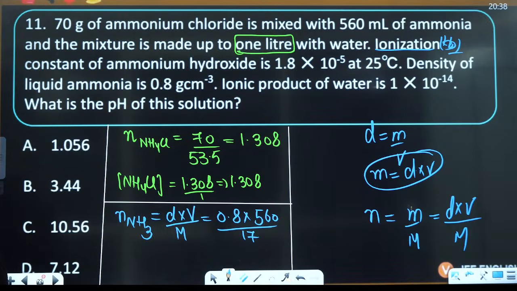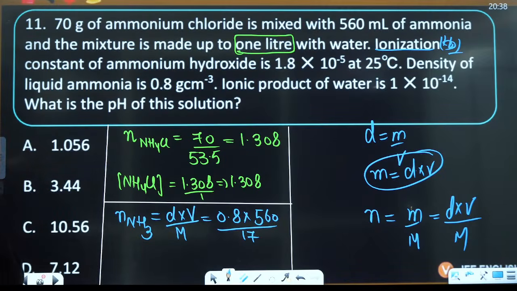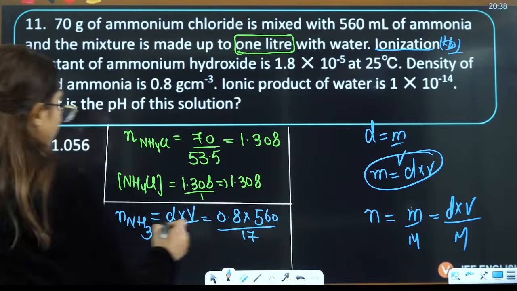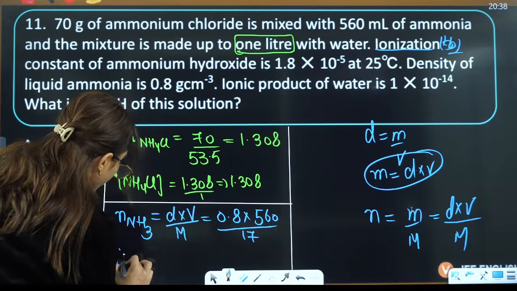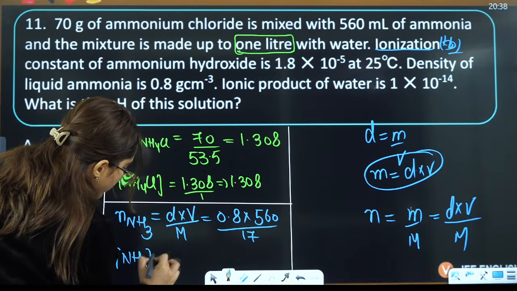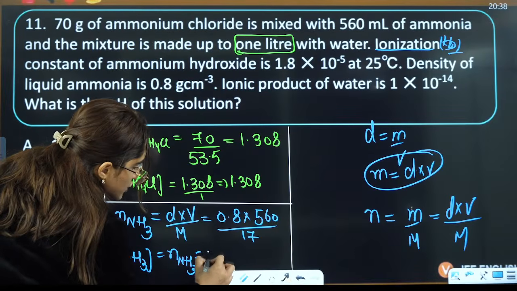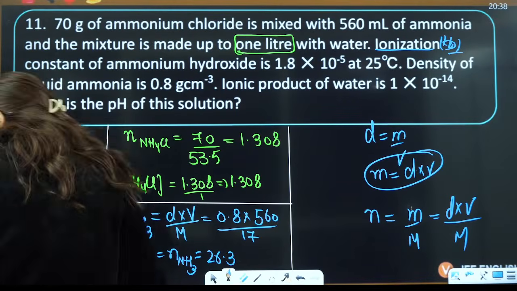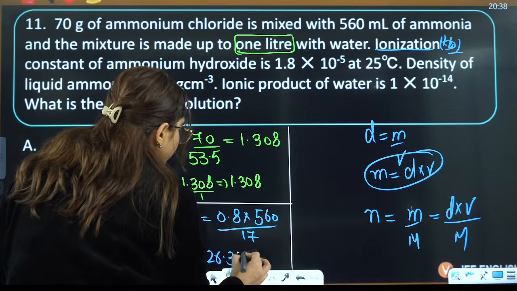The moles is going to be 26.35. So I'll just write the concentration of ammonia, that is the same as the number of moles of NH3, that is 26.35.